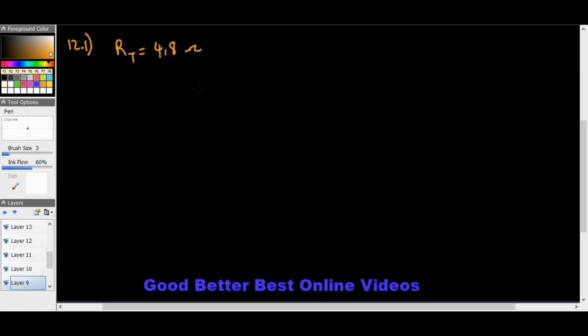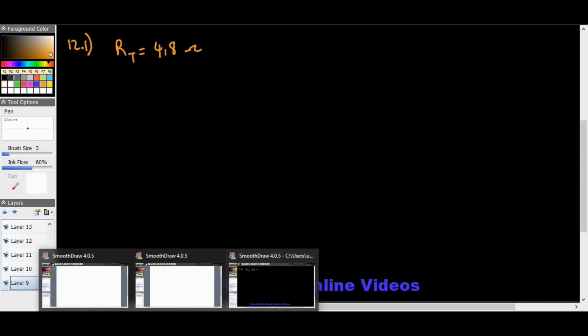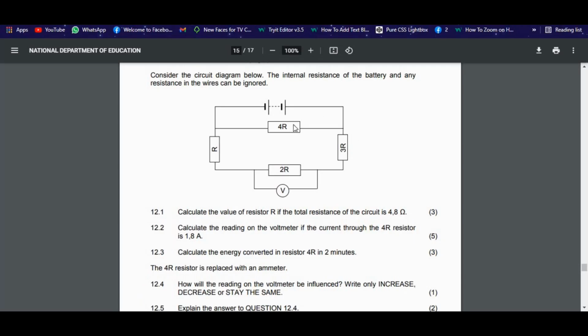They've given us different values in terms of R. What we can see is that we've got 3R in a circuit here, 3R and 2R are in a circuit, but 4R and 2R are in parallel with each other.